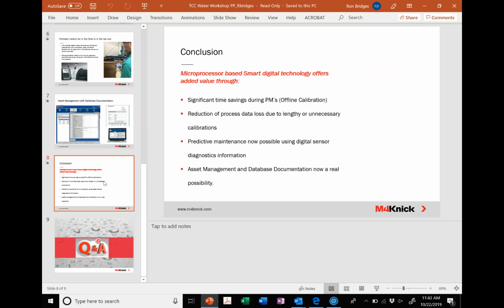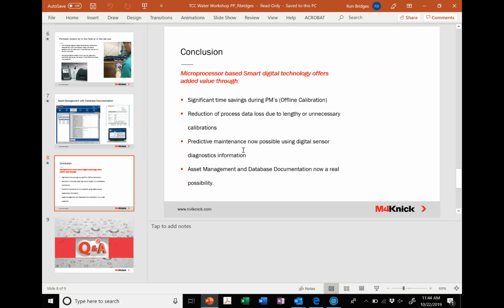For instance, when you're doing a calibration in the process unit, your measurement is down for the time you're doing that calibration. If that calibration takes 45 minutes, that's how much data you've lost during that period of time. Now, because of the quick disconnect and hot swapping, you're down 4 minutes. So the time that you're losing that data is very short now.